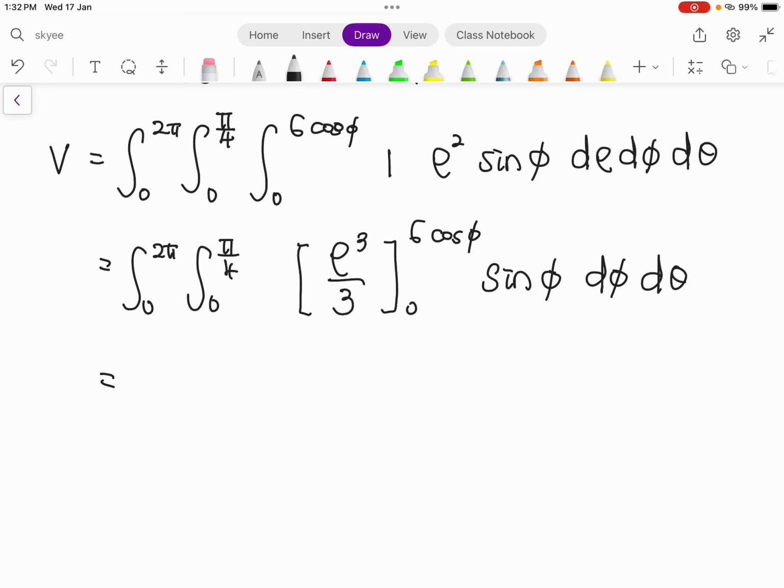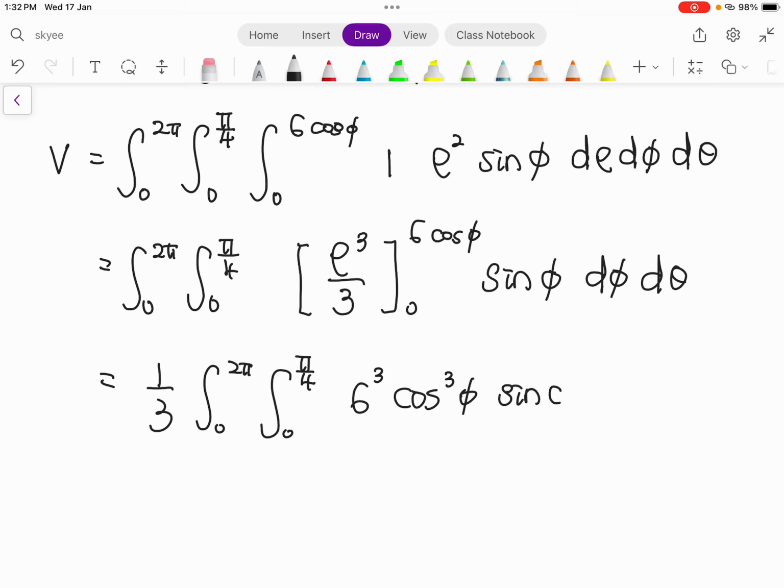You can take out the 1 over 3, because it is a constant. This becomes 6 cubed cos cubed phi sine phi d phi d theta.